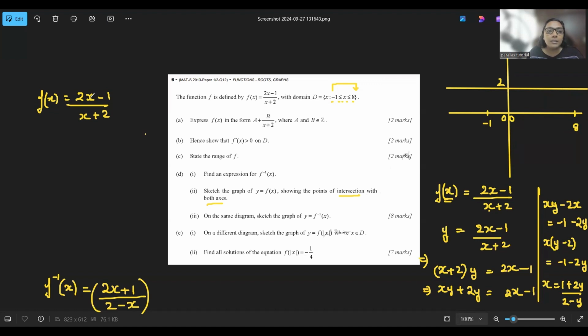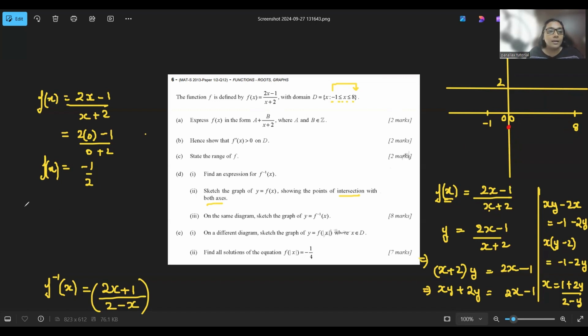Let's put x as 0 and check out the y-intercept. When we put x as 0, wherever the function cuts the y-axis, that would be our y-intercept. So 2 into 0 minus 1 by 0 plus 2. Minus 1 by 2 is our f of x value or y value, which means minus 1 by 2 would be over here.